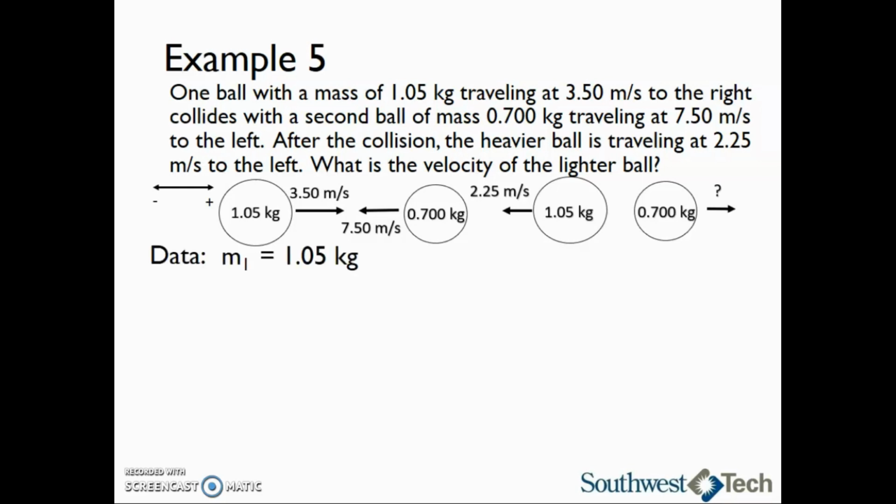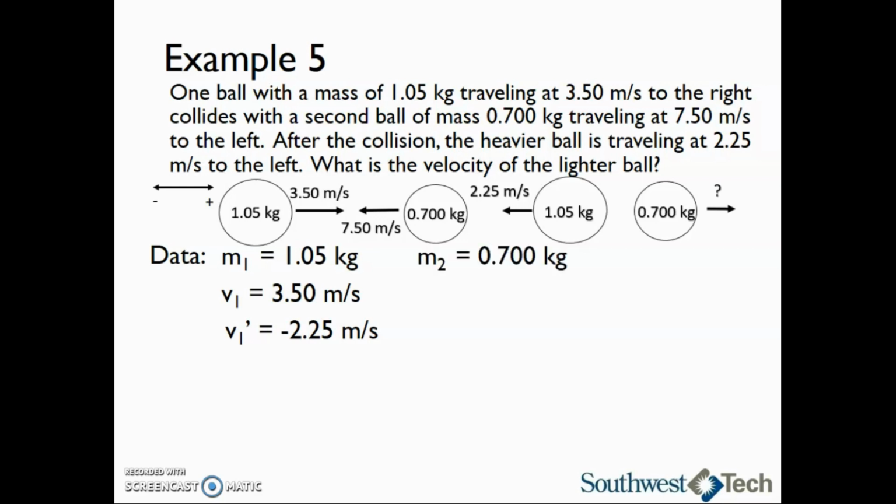We know m1, the mass of the first ball, is 1.05 kilograms. The velocity of this ball initially is 3.50 meters per second. After the collision, the velocity of this first ball, v1 prime, is negative 2.25 meters per second. We have to make sure its velocity is negative because it is traveling in the opposite direction as it was initially, and we have defined traveling to the left to be negative.